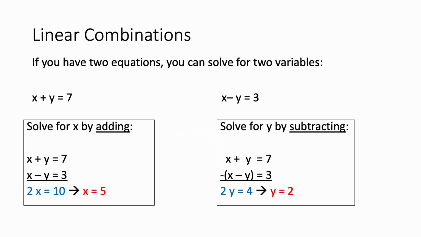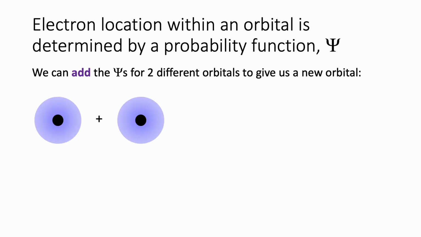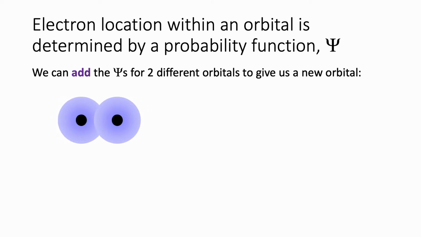And that's pretty much what we do with orbitals. You might say, hey, an orbital is just an area in space. How can you add it? But that area in space is defined by a probability function. So you could add the two probability functions, and in this case, let's put them together, and the way we add them is we look at where they overlap, so this area right here, and anywhere where it overlaps, we're going to get extra probability there.